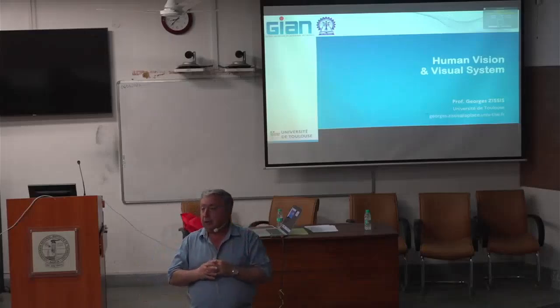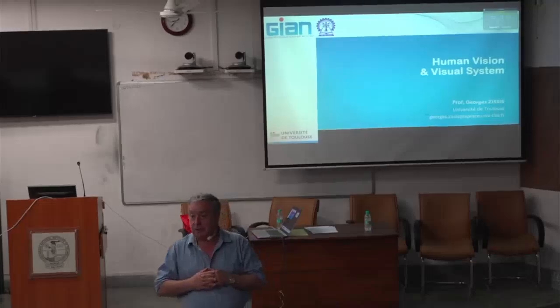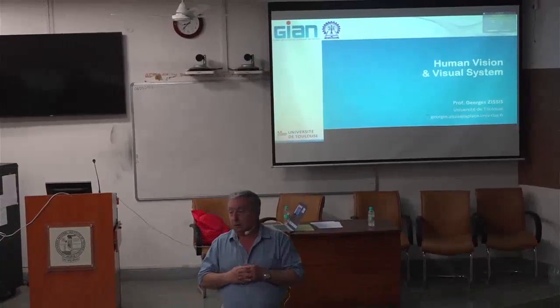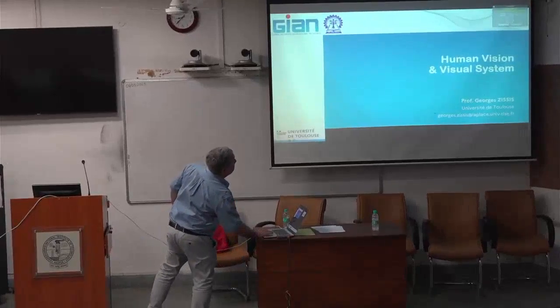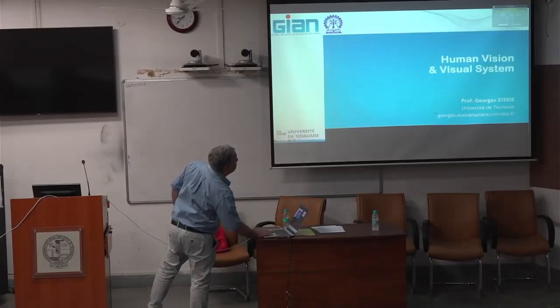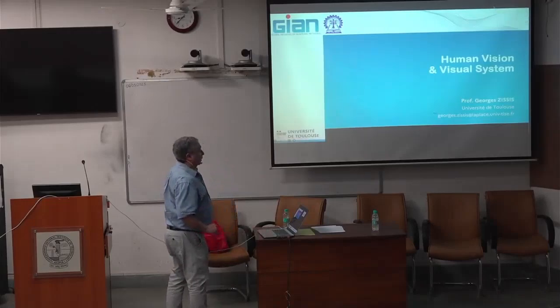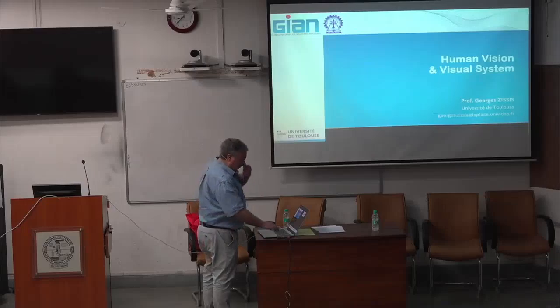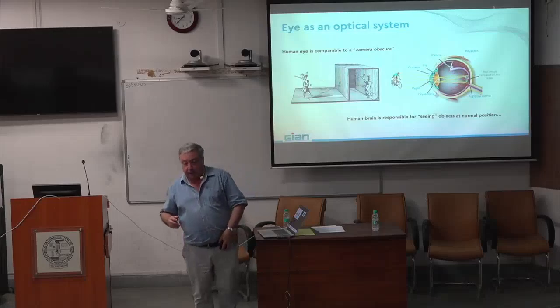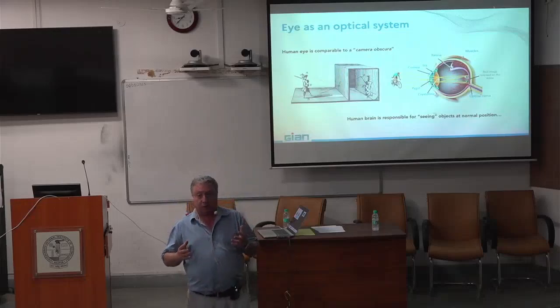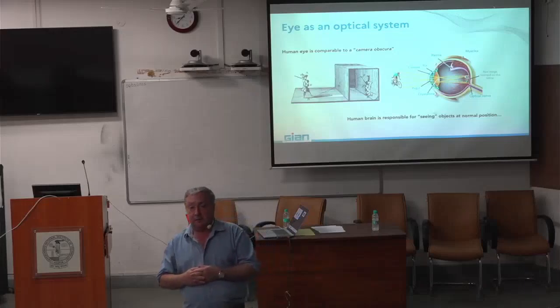I will show you here different information about the human eye. Just let me close this small window here. Okay. Well, first of all, if we take our eye and look at it closely, it's very similar to a very simple optical system.